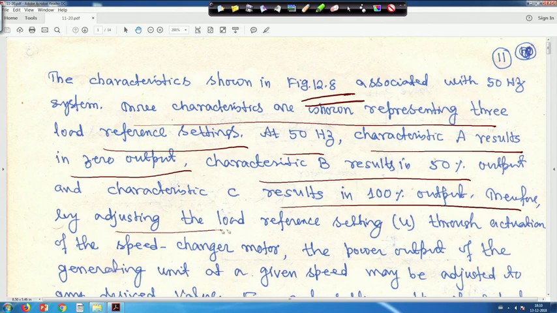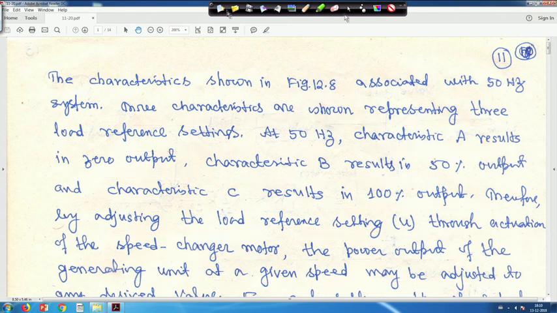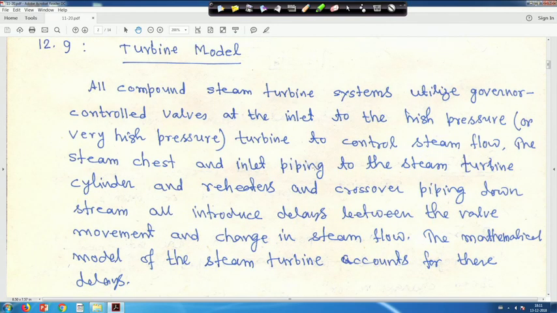Therefore, by adjusting the load reference setting U through activation of the speed changer motor, the power output of the generating unit at a given speed may be adjusted to any desired value. Later we will see a little bit more about that. For each setting, the speed load characteristic has a 6% droop, that is, a speed change of 6%, that is 3 hertz, causes a 100% change in power output. This we have seen before.